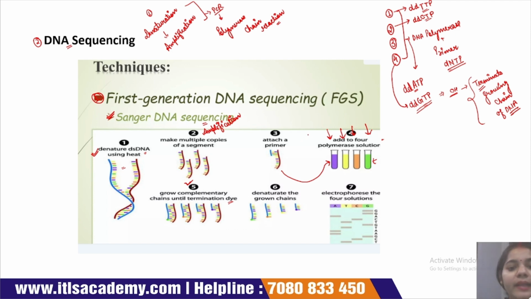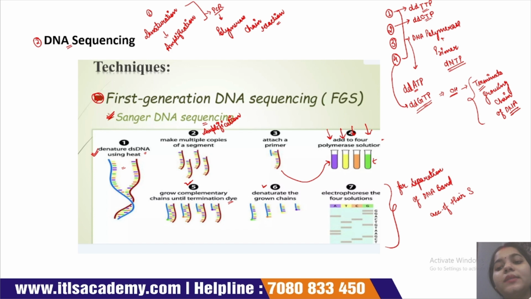Then in the next step, we denature the growing chain. Then we perform electrophoresis for the separation of DNA bands according to their size.